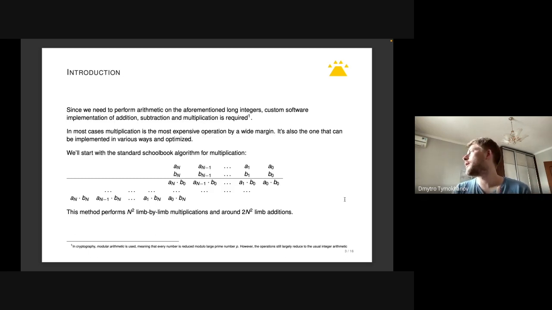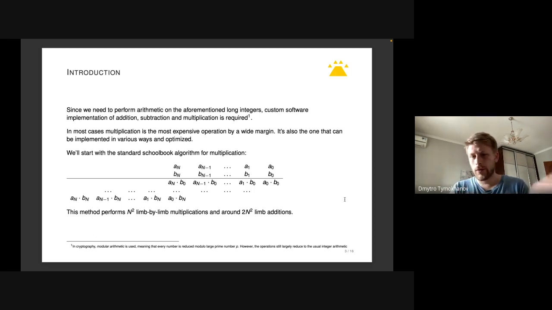Or in elliptic curve arithmetic, most addition formulas also have a lot of multiplications. So at the lowest level, you see that multiplications dominate your compute.